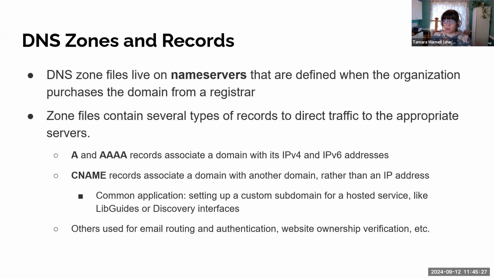If you want your LibGuides to not be at springshare.com, but to be at mylibrary.myschool.edu, you have to set up a CNAME record associating mylibrary.myschool.edu with the SpringShare destination. There are other types of records that are used for email routing and authentication and verification of website ownership and so on. So we will cover some of those in the November session on security.